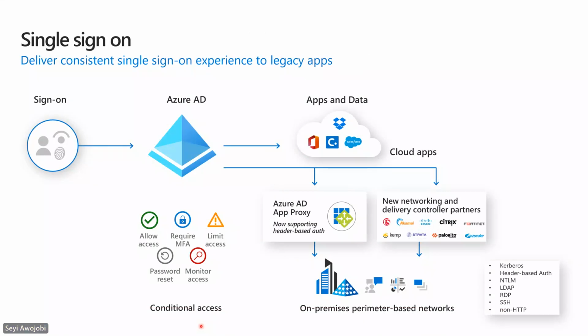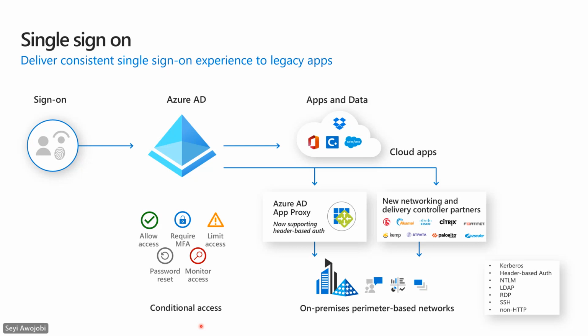Thanks, Shay. So with Azure AD, we make it really easy for your end users to seamlessly access the various applications needed for their productivity, whether it's that third-party SaaS application or on-premise application, without having to enter in their credentials every time they want to sign in.